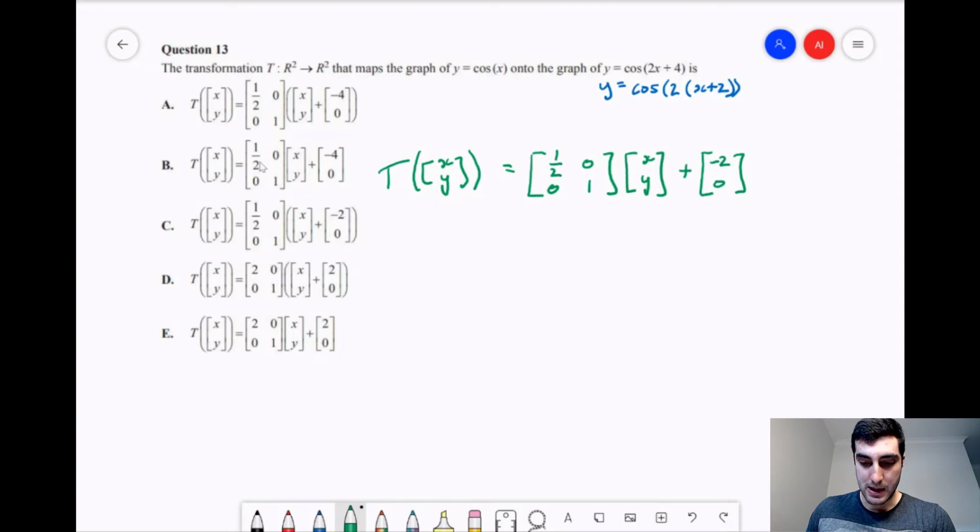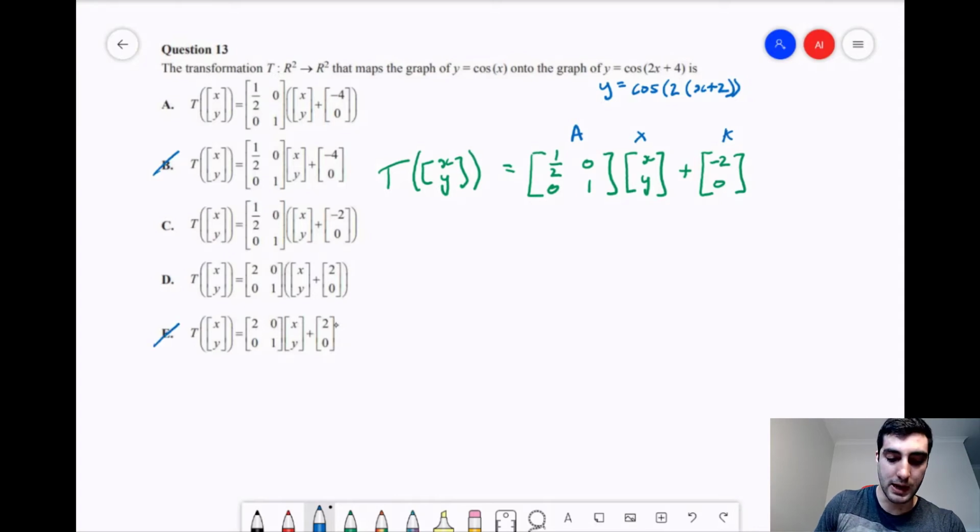B has the same dilation and reflection matrix, which is sometimes denoted by capital A, x, and k, for example. That's the same. However, it has a translation of 4 units, so we can rule out B. E, on the other hand, has a dilation of factor 2 instead of a factor of a half, and the translation is in the wrong direction, so we can also rule out E.